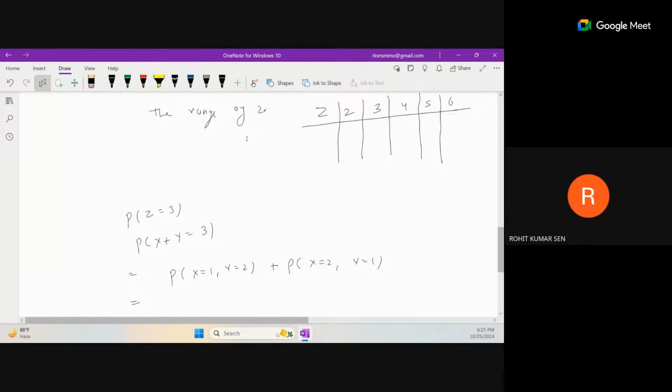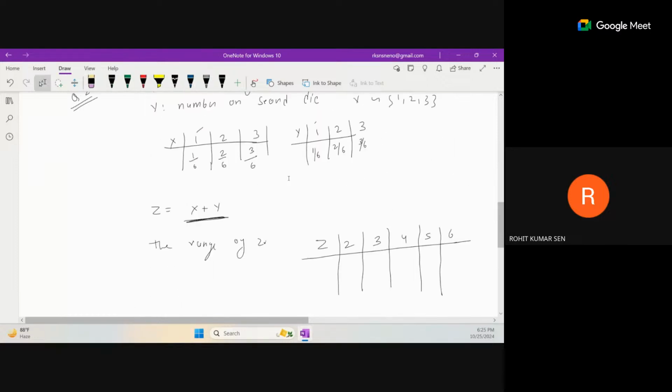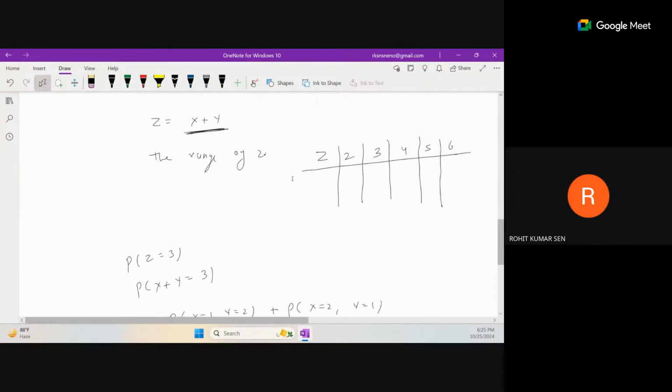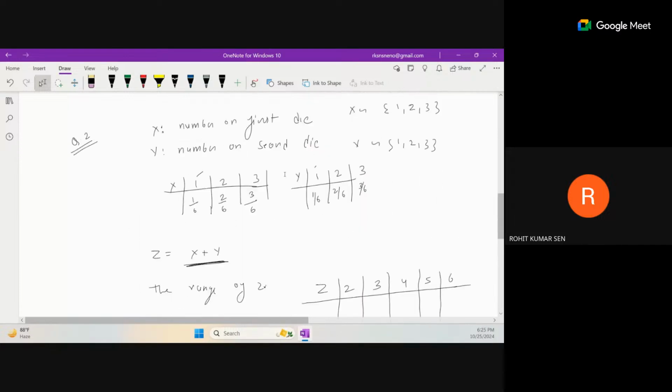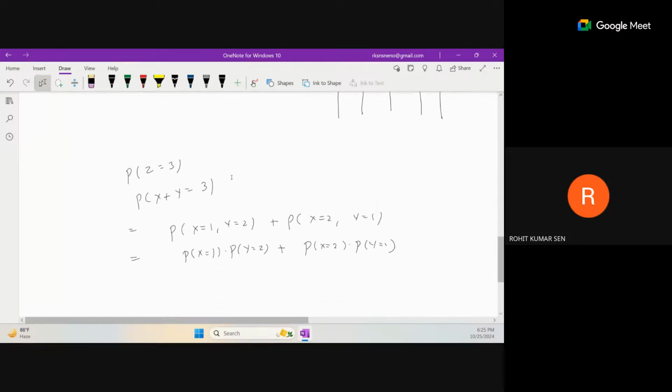So we just need to write the probability of x equal to 1 and probability of y equal to 2, plus the probability of x equal to 2 and y equal to 1. We have the distribution for x, we have the distribution for y. What is the probability of x equal to 1? It is 1/6. What is the probability of y equal to 2? It is 2/6. What is the probability of x equal to 2? It is 2/6.